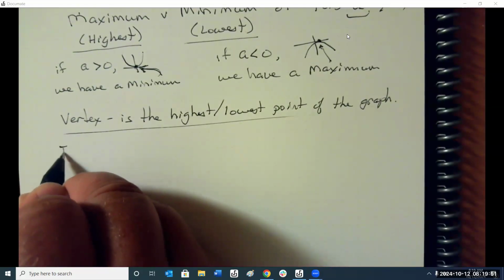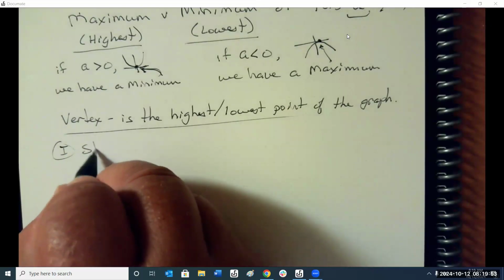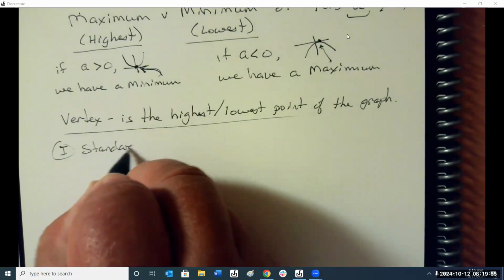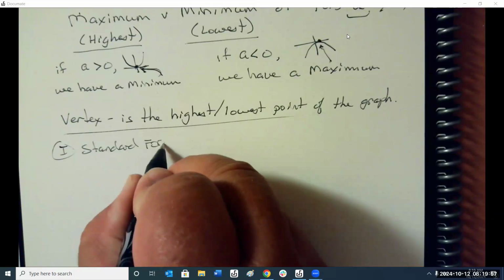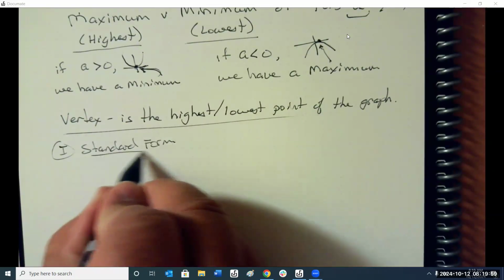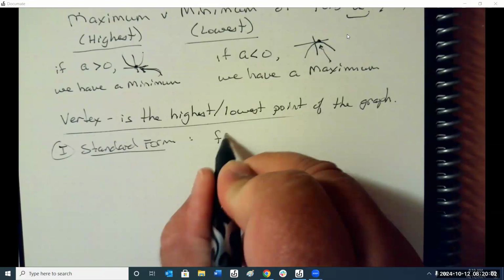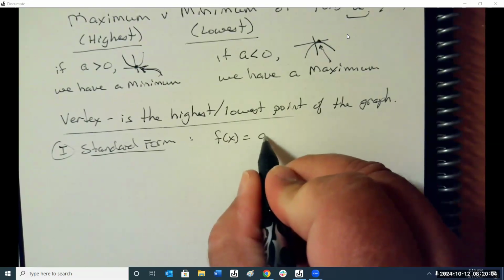So first, let's look at standard form of a quadratic equation. It looks like this.